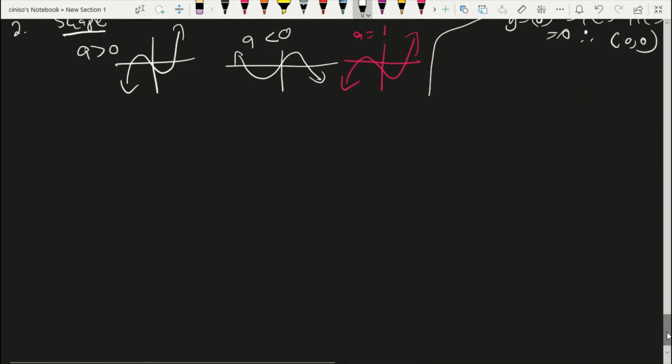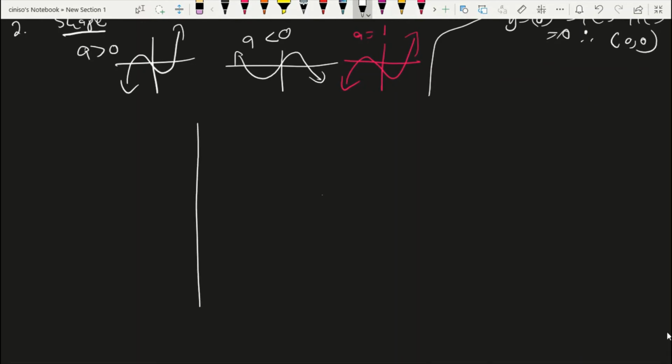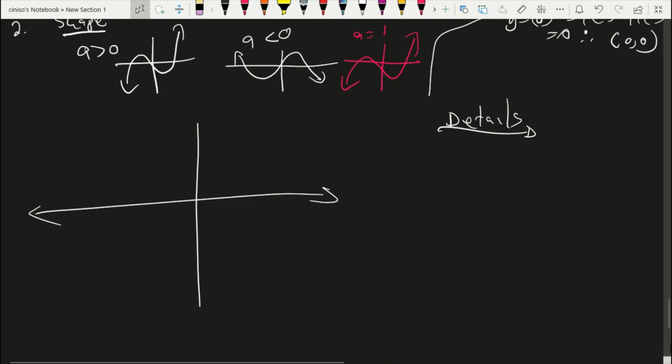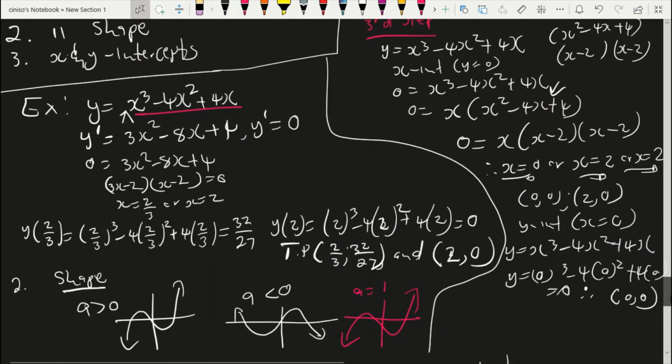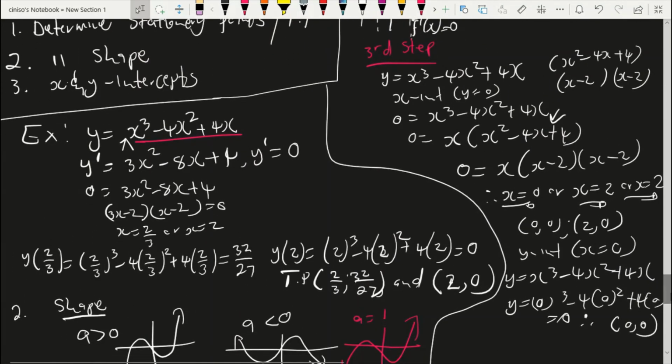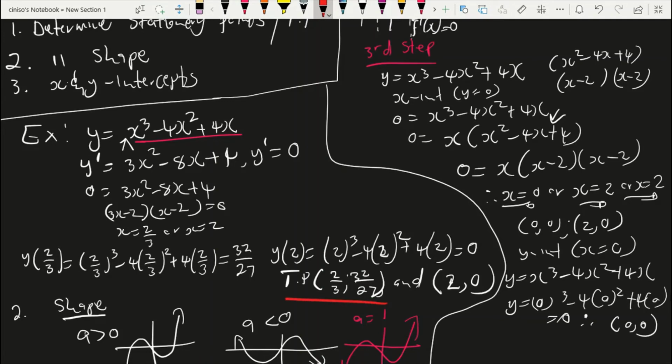So you go to your Cartesian plane. Remember now, your details of your cubic function. If you go back to the turning points of your cubic function, you'll realize that we have the turning point of 2 over 3 and 32 over 27, and another one is 2 and 0.